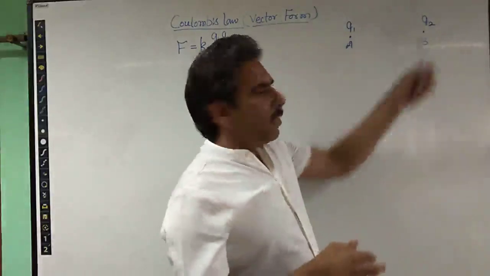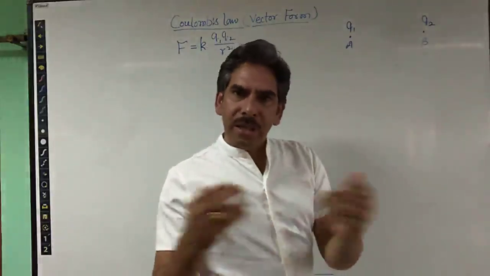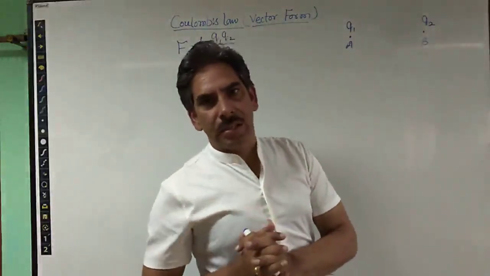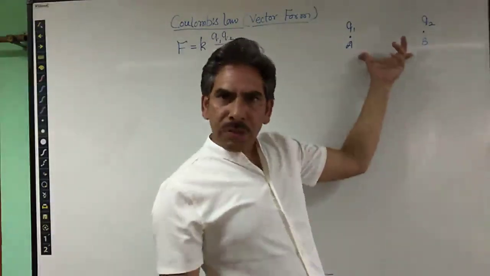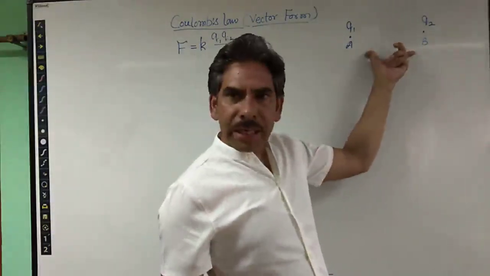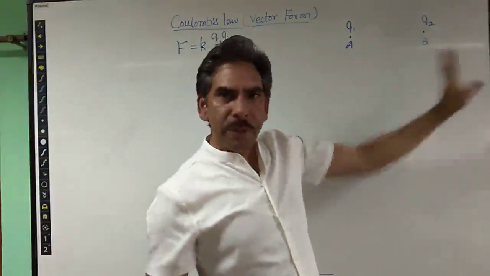These charges may be similar charges or they may be dissimilar or unlike charges. Both of them may be positive or both of them may be negative, or one of them may be positive, the other one may be negative.